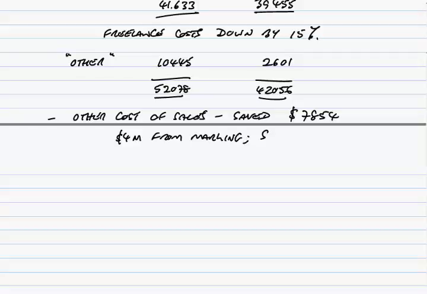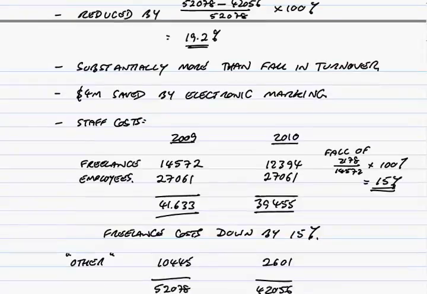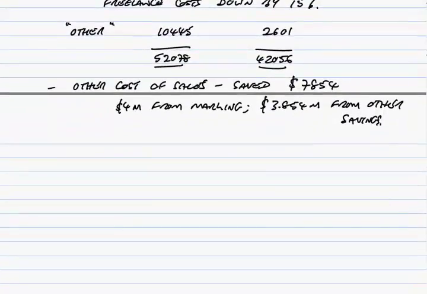The balance, therefore, 3.854 million from other savings. And so we have done extremely well there, and make the comment that cost of sales, we have achieved substantial savings.